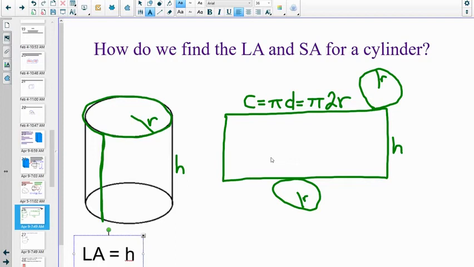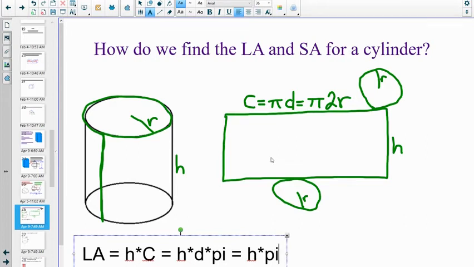So it's the height of the cylinder times circumference, or maybe you could call it the diameter times pi, or maybe you say that's the height of the cylinder times pi times 2 times the radius. Any one of these is okay. Circumference of the circle times the height.